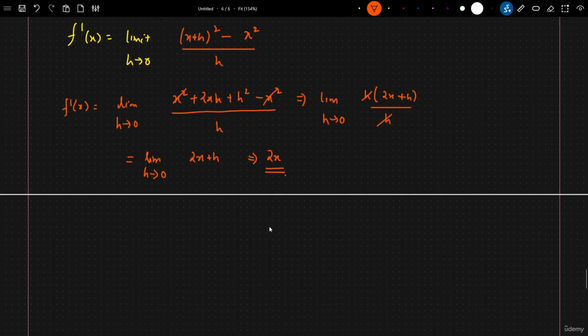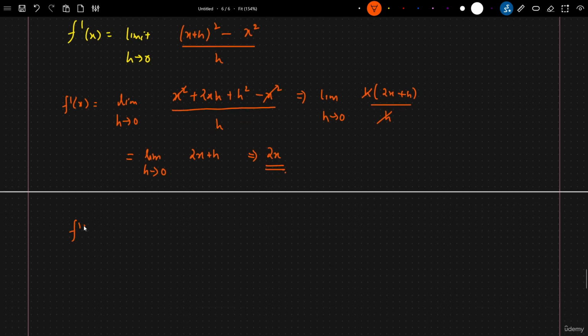Now, what is this 2x? 2x is nothing but my f dash of x. F dash of x basically means the derivative of x square is nothing but 2x. And if you remember from college, I hope everybody knows the derivative of x square.